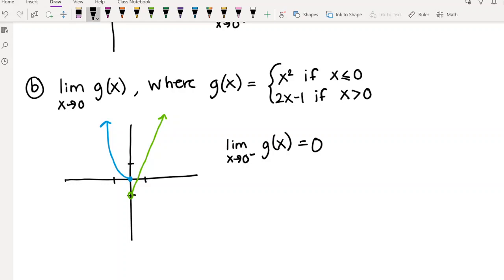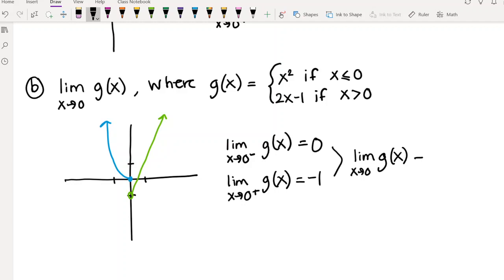And on the other hand, if we're coming in from the right, then like the one above, the limit as we approach 0 from the right is going to equal -1. And so anytime these left and right hand limits don't agree, that tells you that overall, if you take the limit without specifying left or right hand side, it does not exist.